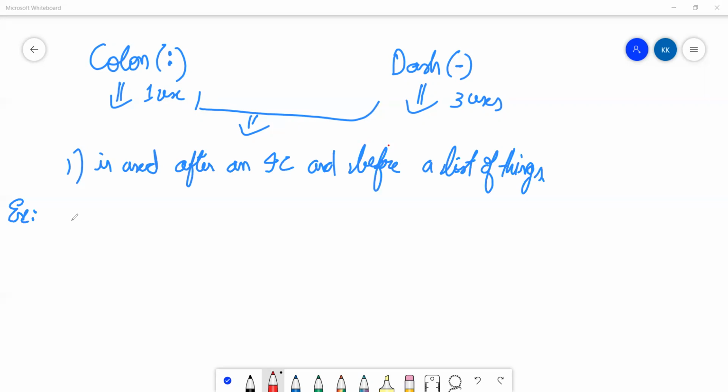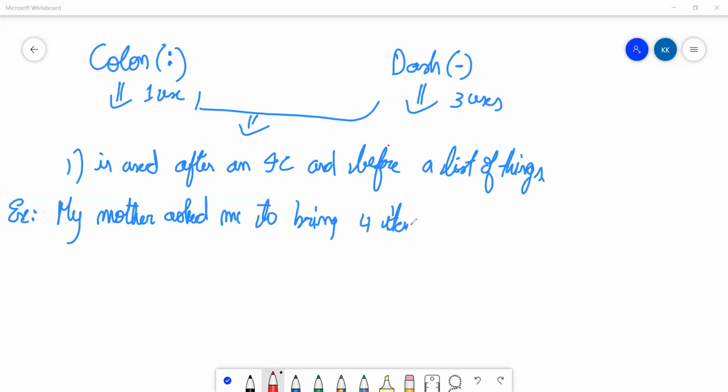Remember I gave you the example, my mother asked me to bring 4 items. Okay, this is an independent clause, right? So what will I do? I will put a colon or a dash here and I will write the list of 4 items.